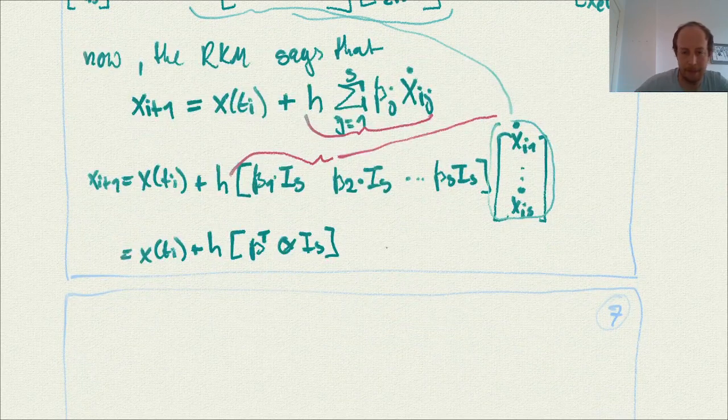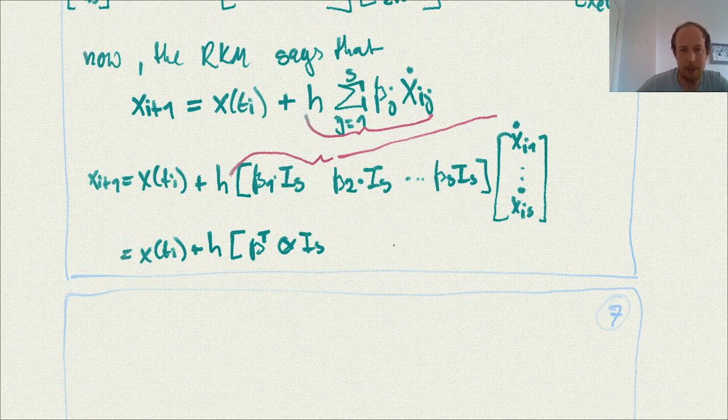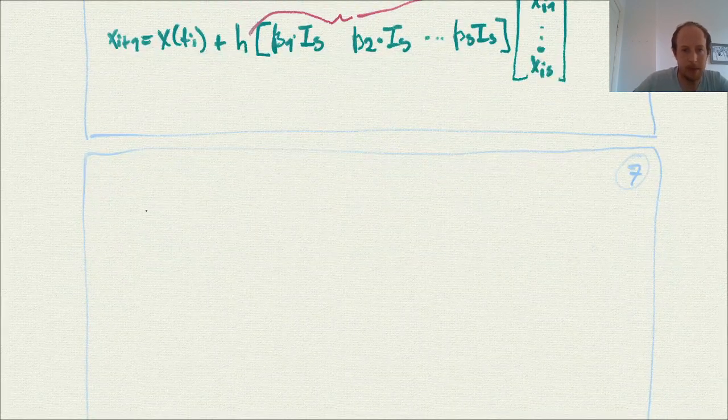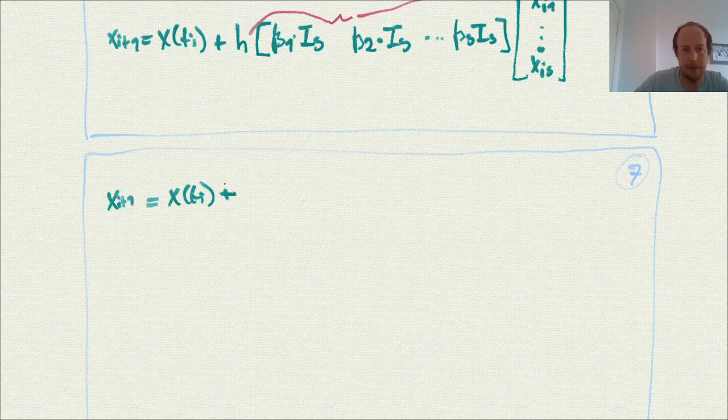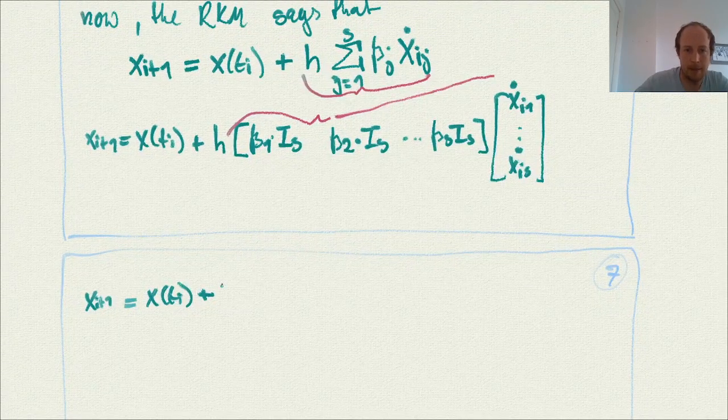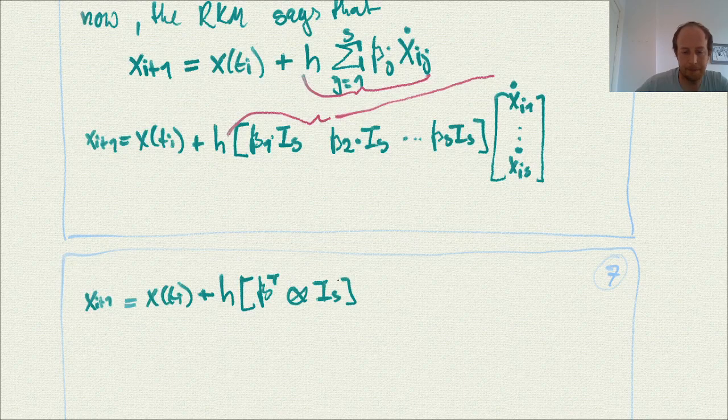Yes, maybe I take another page for that. So this will be x_{i+1} is x of t_i plus h times beta transposed Kronecker I_s. This is this part here.